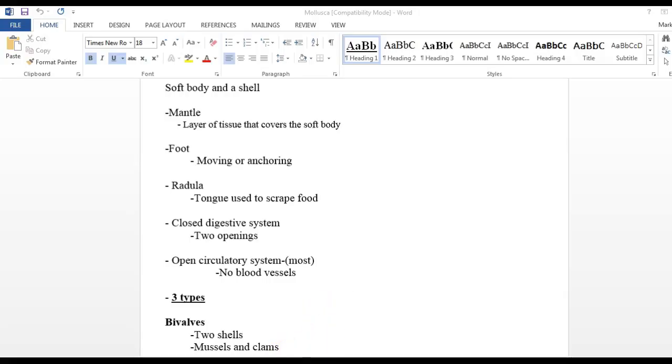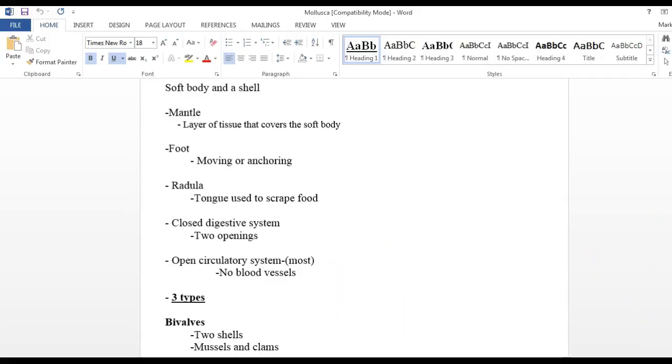And this would be your mussels. Now when we look in more detail at these three groups, we'll give much more detail on those. But those are really the basic characteristics of all mollusks, what makes something a mollusk. And make sure you check those out.